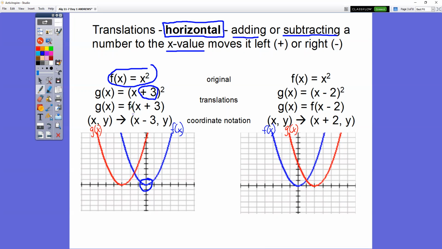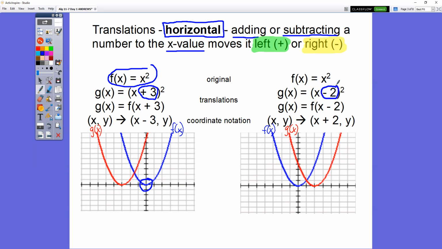It has to do with that equaling 0. So that's why it moves over to the left. Just know that if you add a number just to the x, it goes to the left. If we subtract a number just from the x, it's going to go to the right.